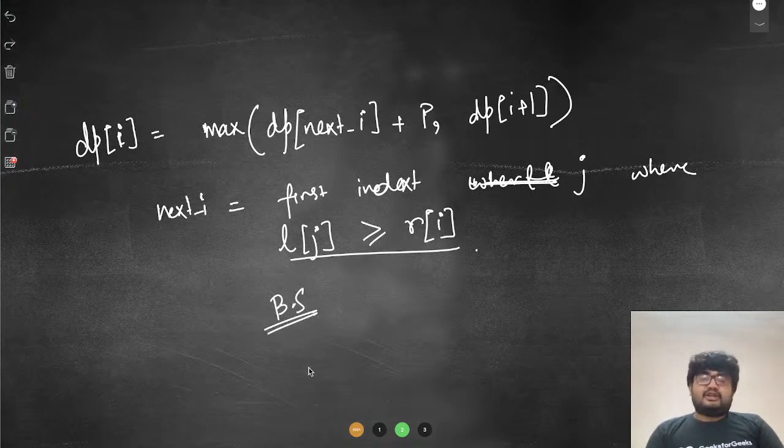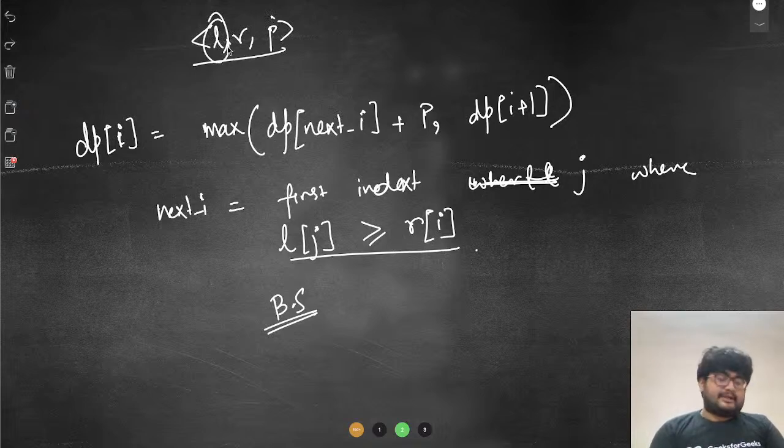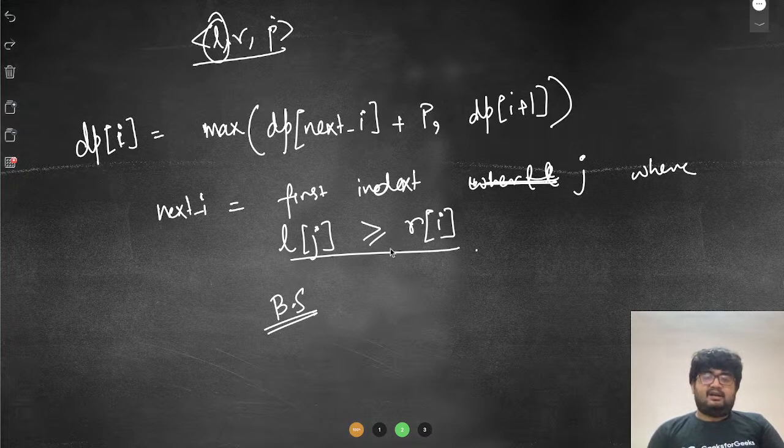We can binary search for this j because it is sorted. First of all, we have sorted this entire list with respect to L values, right? So we can get the first index.